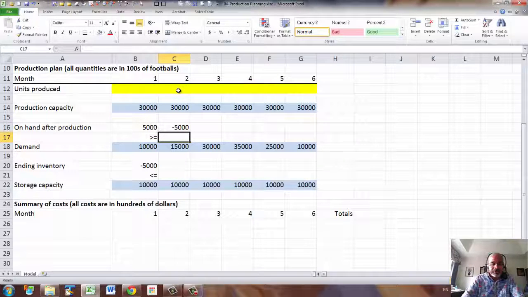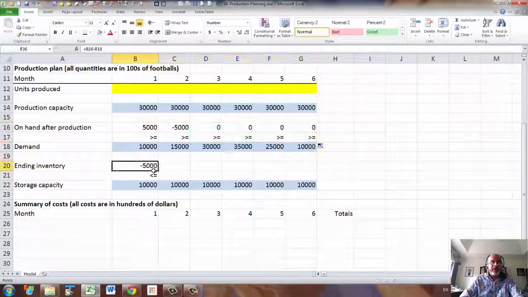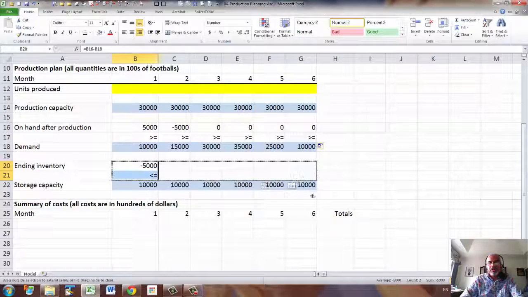Okay. Now that has to be greater than or equal to demand. Let's align it properly. Now these two can be copied. You shouldn't copy from the first month, because the first month on hand after production formula is different from the rest of them. The ending inventory is the same formula, so we can copy that across.